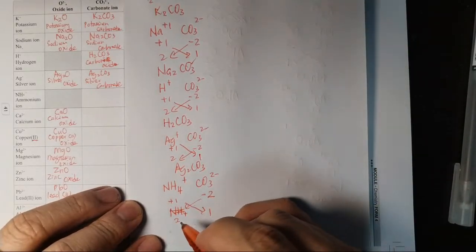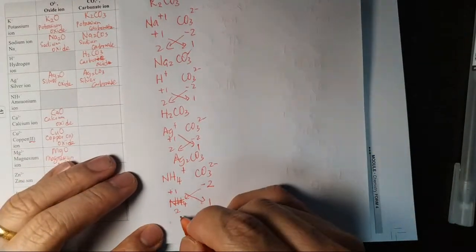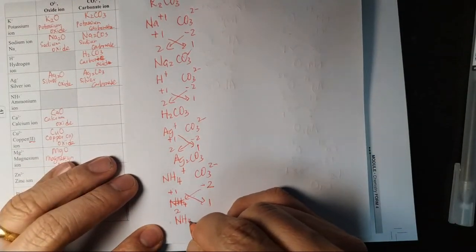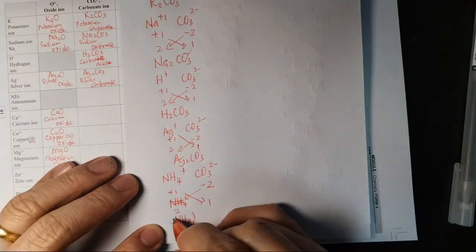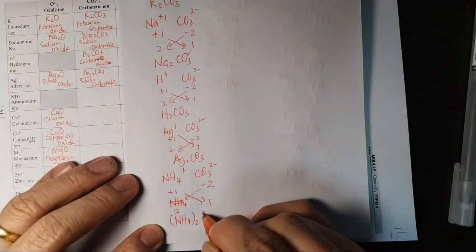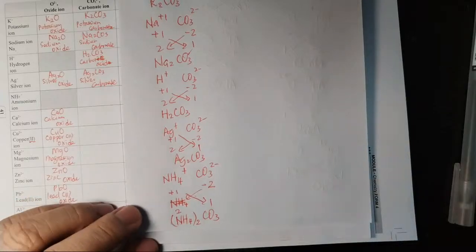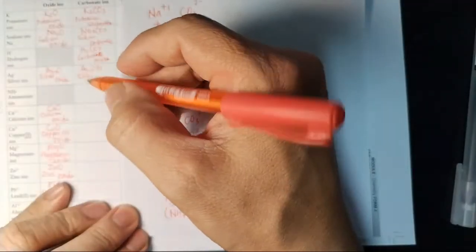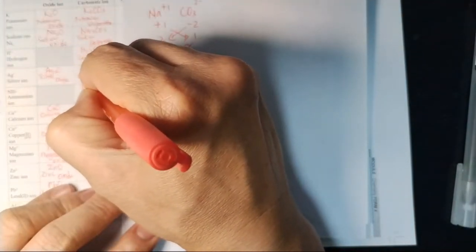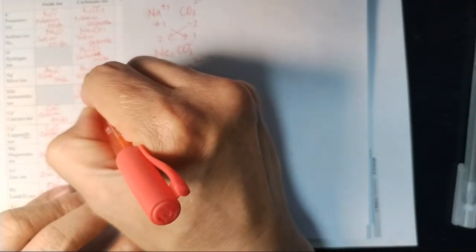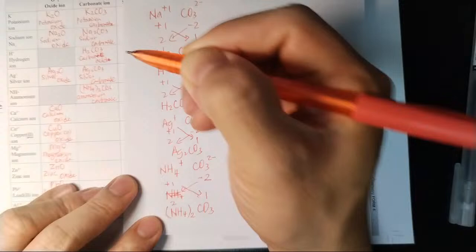So meaning that this one is NH4, 2, right? So you need to put a bracket. Then CO3. For this ammonium carbonate, anyone have a problem? (NH4)2CO3. So it's ammonium carbonate.